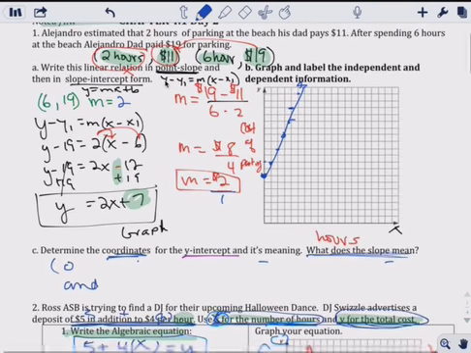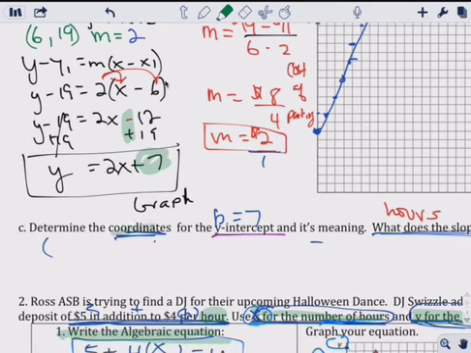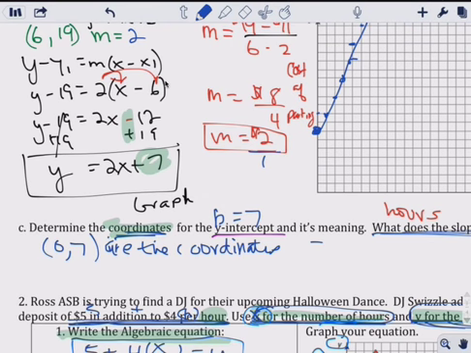What are the coordinates for the y-intercept? You know the y-intercept is b and b is 7, but we want the coordinates. The coordinates for this point right here are (0, 7).